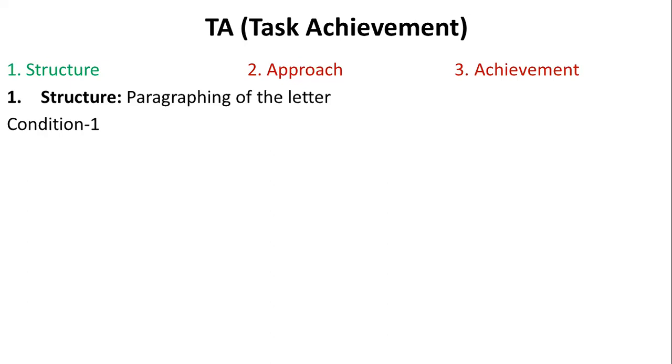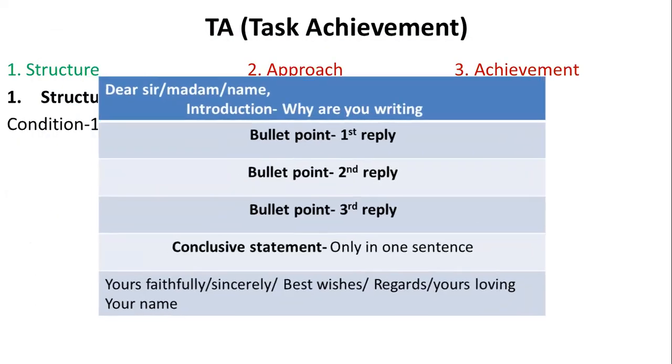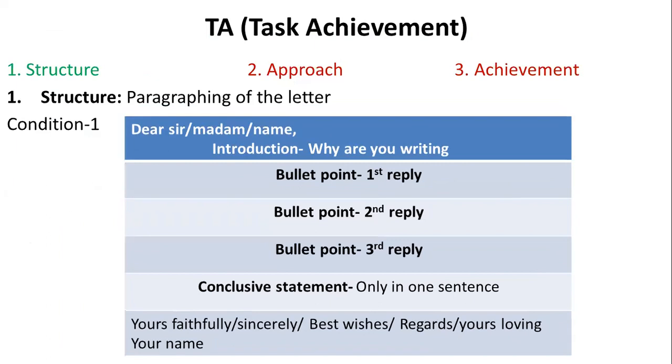If your bullet point first is like this, that you will have to answer in details with a good length of paragraph, then you can't add it into the introduction part. You can't add the answer of bullet point 1 into the introductory paragraph. So in condition 1, you will write dear, salutation first, dear sir, ma'am, or name, then the introduction separately. In the introduction part you will only write the purpose of writing, or why you are writing, and then change the paragraph.